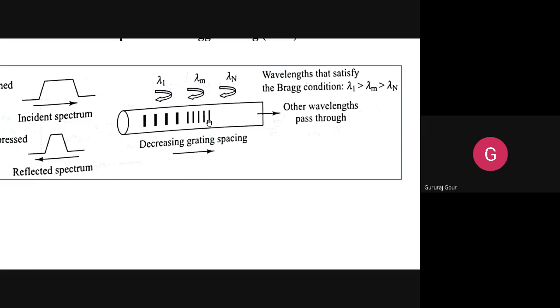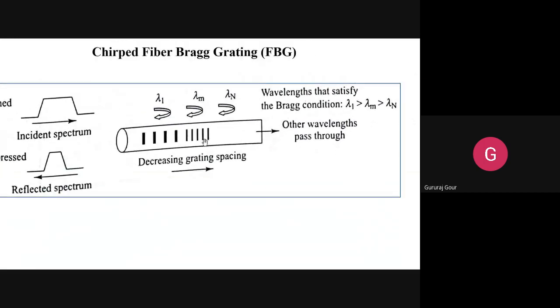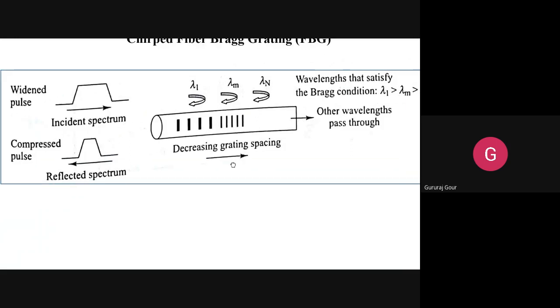If any wavelength is reflected back from the later gratings, its wavelength will be very much less. So the grating spacing will decrease along with the width. This nature of gratings gives rise to different wavelengths which also go on decreasing.